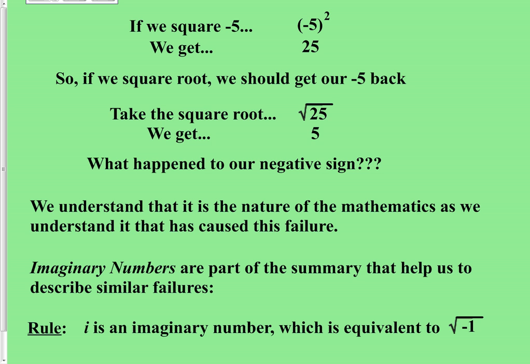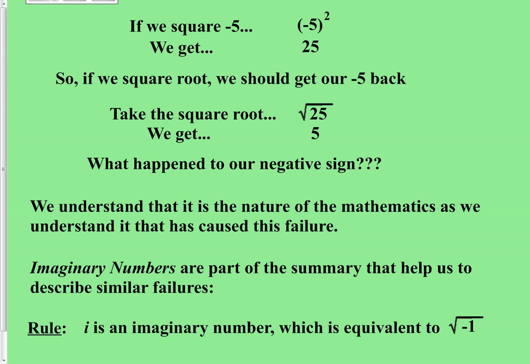So if you start off with a negative number and square it, and then decide, oh, I didn't want that squared, let me take the square root and get my value back, we end up with a positive value, even though we may have started off with a negative one. So we learned that we have to consider both the positive and the negative of the same value, but it introduces the possibility that there should have been a negative underneath that radical to begin with in order to try to get the negative value back.